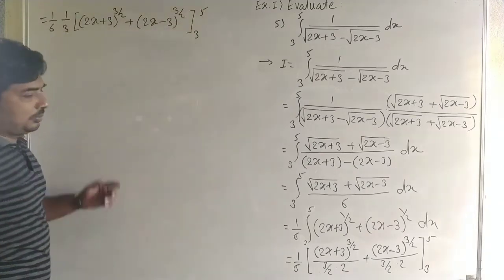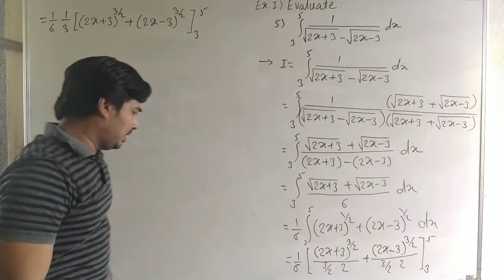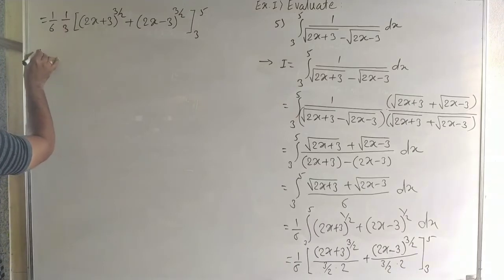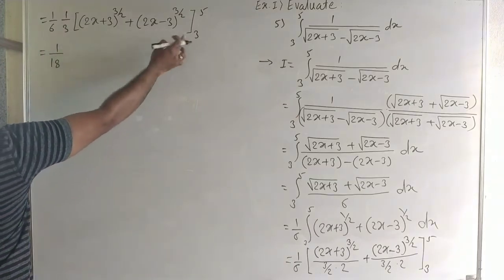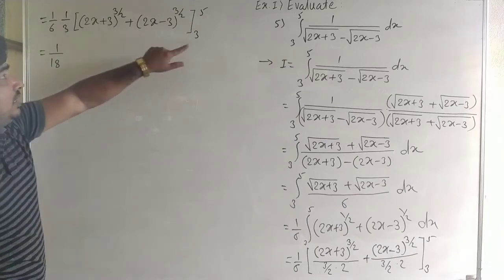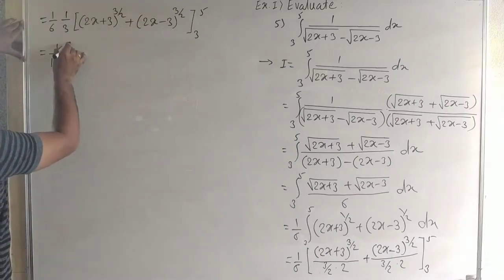Here it is the limit. We can take 3 common, so now it is 1 by 18, and in this first we put the upper limit and then minus the lower limit. See carefully the calculation.